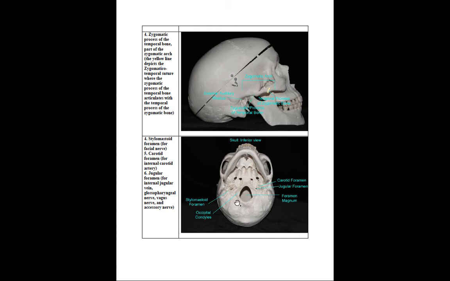Then you'll also need to know the stylomastoid foramen. Now, the foramina are, I understand, very difficult to see from here, and I actually put together a completely separate video for you of just the foramina. I find that it's really hard to learn the foramina individually, so I like to go through all of them and where they are in association to each other.